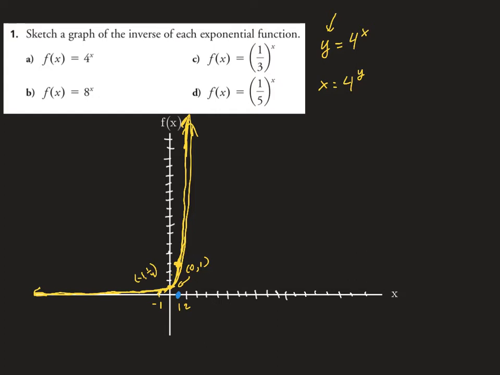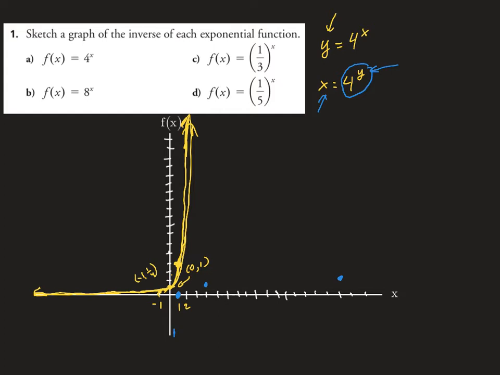So when x is 4, right here. And when x is 16, that's because y is 2. And so it goes up to 2, and 16 is right around here. And it goes off. And if you notice in this case, there are no values of x that are going to be negative, because there's no value of y that can ever make 4 to the y equal x if x is negative.